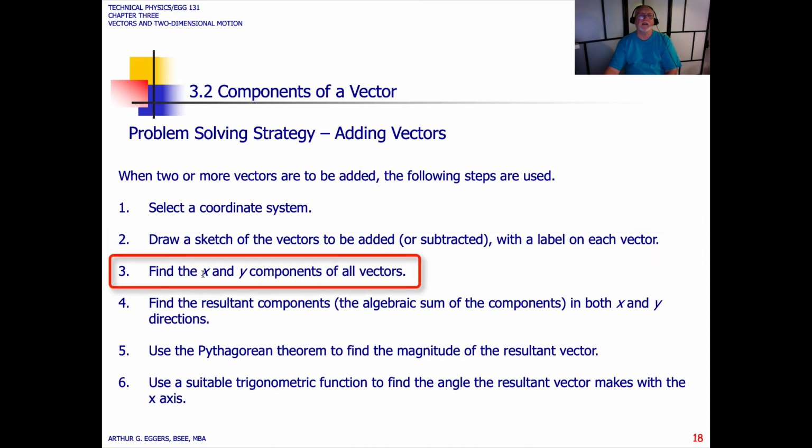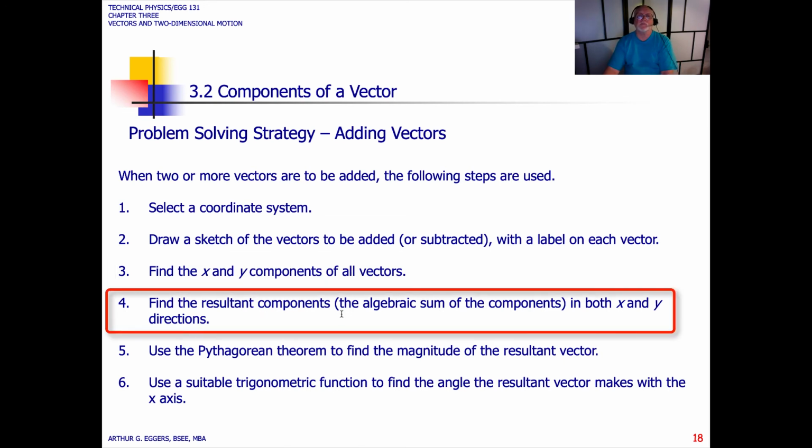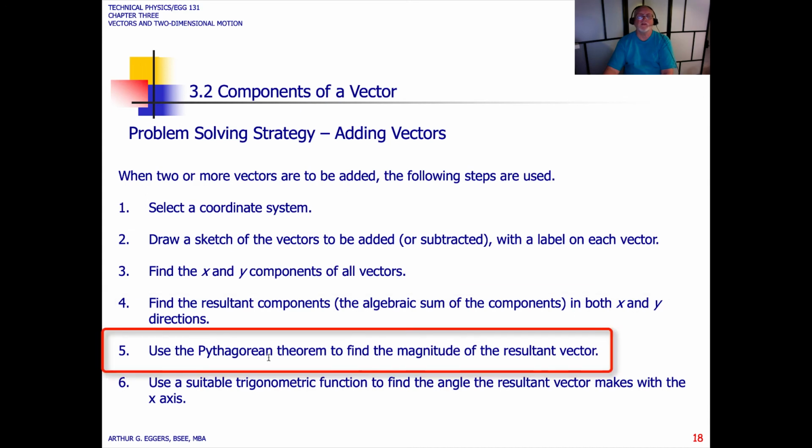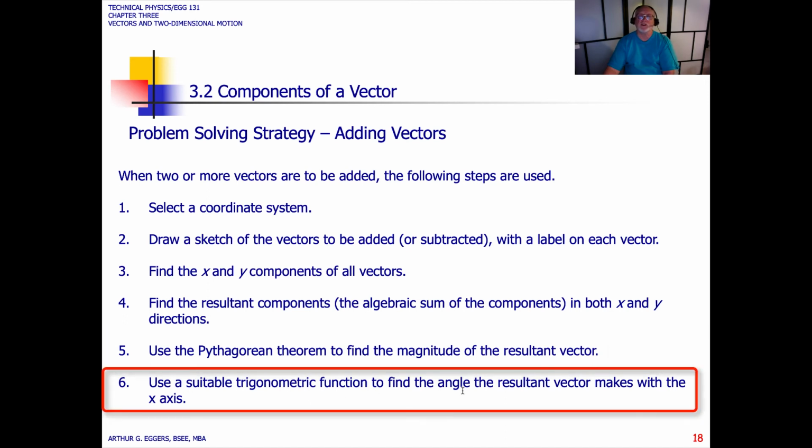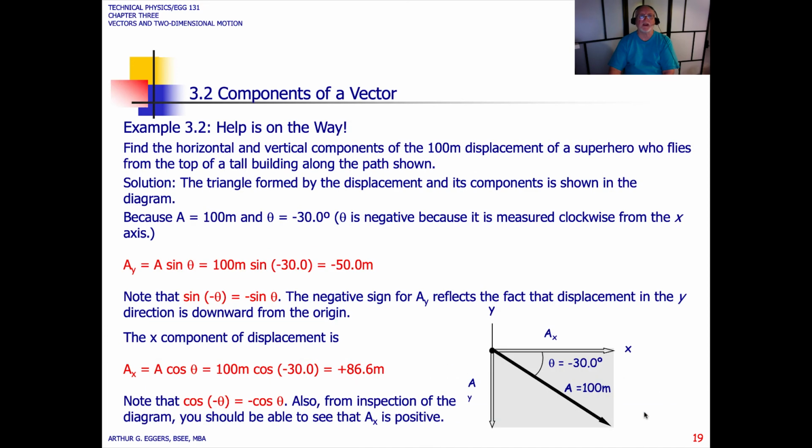Then find the x and y components, a sub x, a sub y components, of all of the vectors. Find then the resulting components, the algebraic sum of the components, okay, that's the vector sum in both x and y. Then use the Pythagorean theorem to find the magnitude of the resultant vector. Use a suitable trigonometric function to find the angle the resultant vector makes with the x-axis.